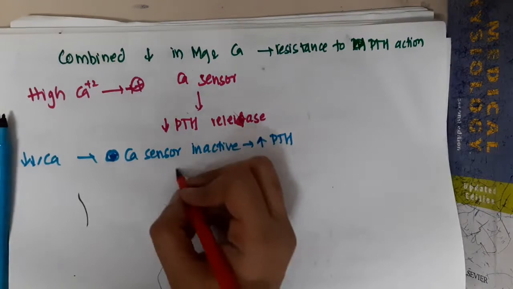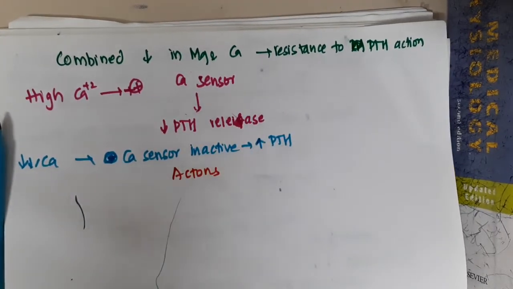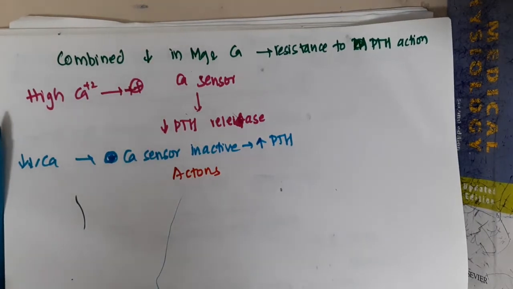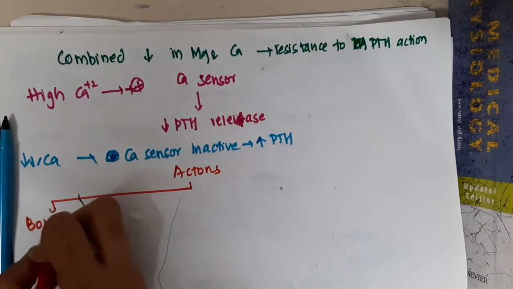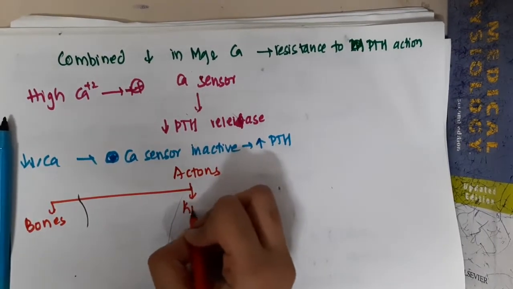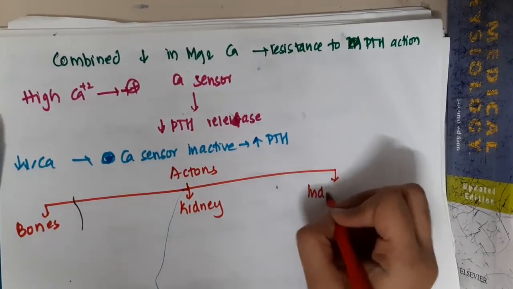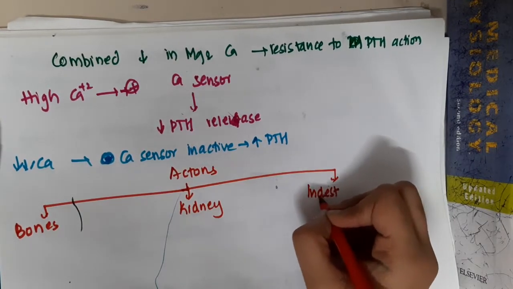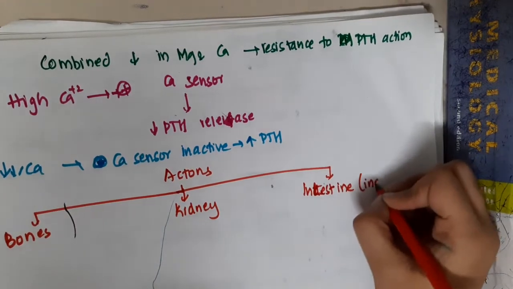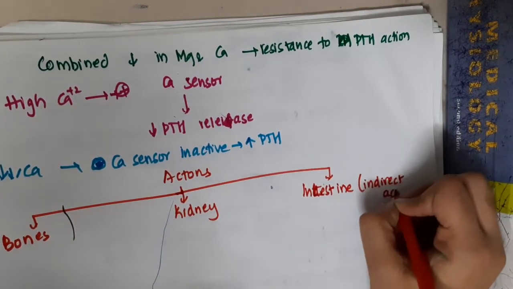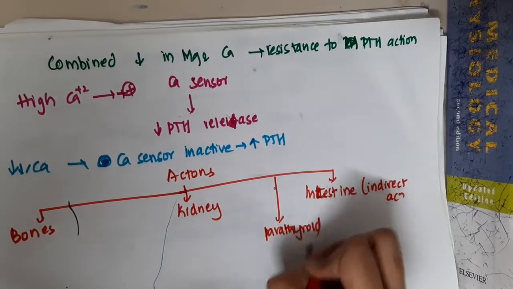Then the actions. It has actions on bone, on kidney, and also on intestine. This is an indirect action, and it also has actions on the parathyroid itself, which is also an indirect action.